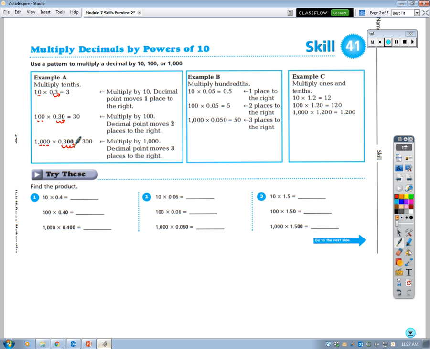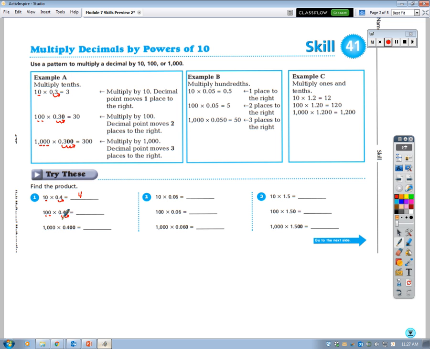Okay, so then it's got a couple more examples here, multiplying by hundredths and multiplying ones and tenths. But we're just going to go ahead and jump into the try these, example 1. We're multiplying 10 times 4/10. We've got 1 zero, so we are moving it 1 to the right, and our answer is 4. We've got 2 zeros in this next one, 100 times 40/100ths.